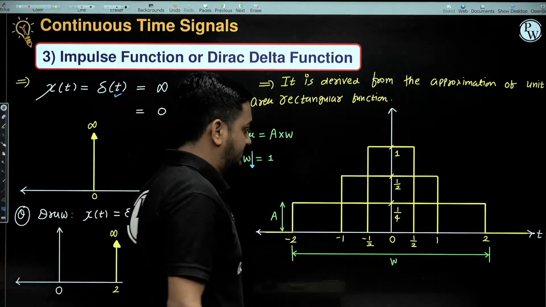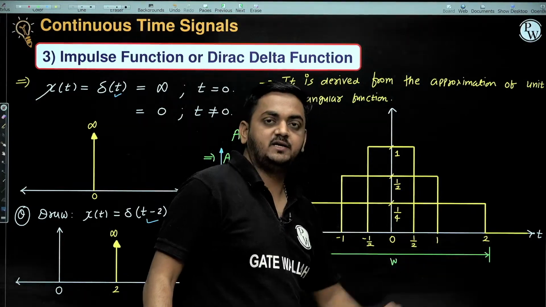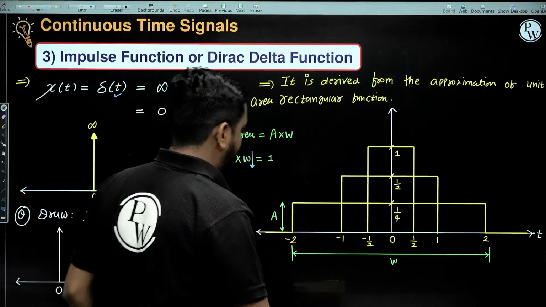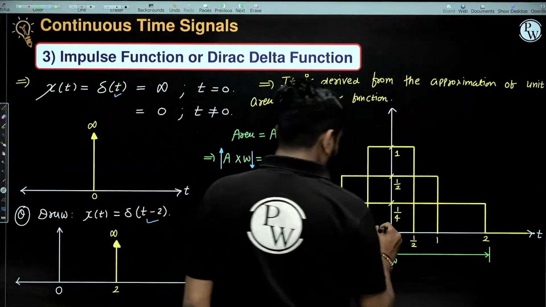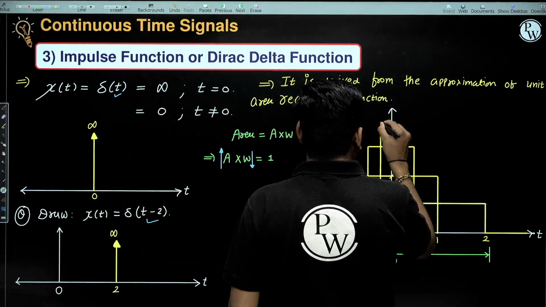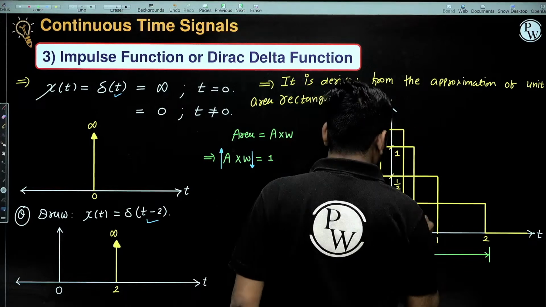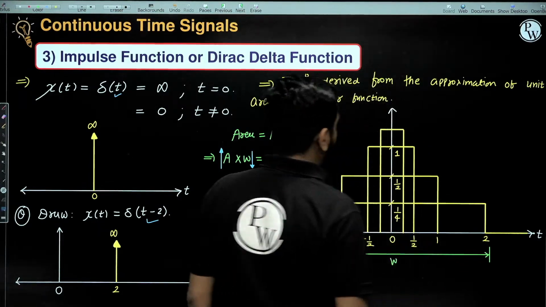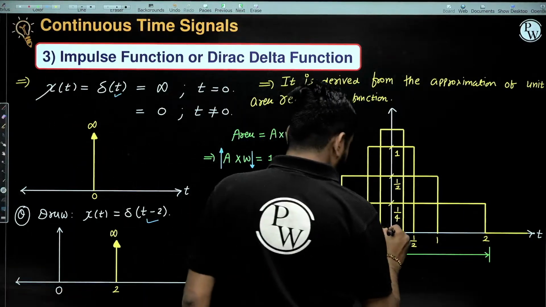Now you can see, guys, as W tends to 0, or we can say T tends to 0, amplitude tends to infinite, as width tends to 0. At the last what will happen?